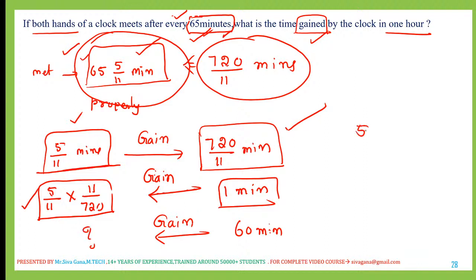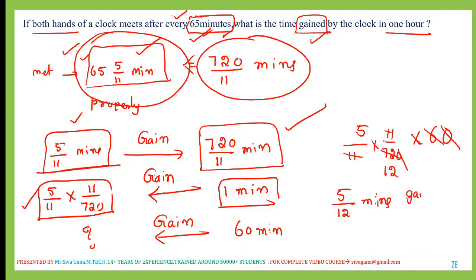I am writing over here. 5/11 into 11/720 is the time gain in 1 minute. Into 60, as we need it for 60 minutes. 0 cancels with 0, 6 12s are 72, 11 by 11 cancels. So 5/11 into 11/720 into 60 gives 5/12 minutes. 5/12 minutes is the gain.